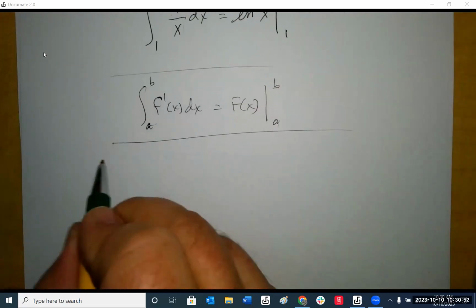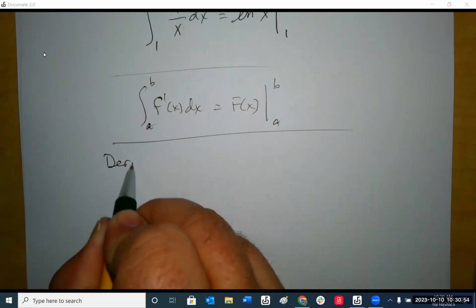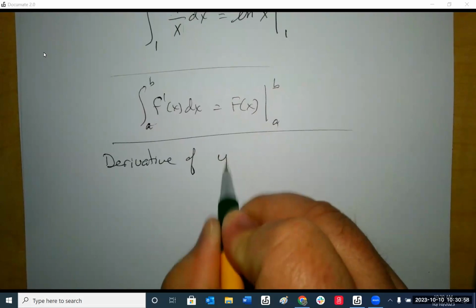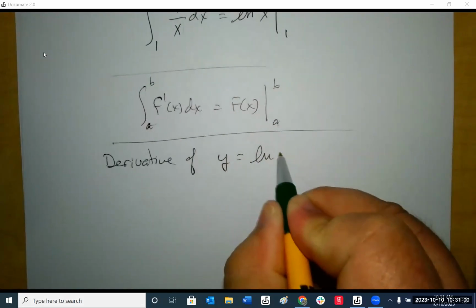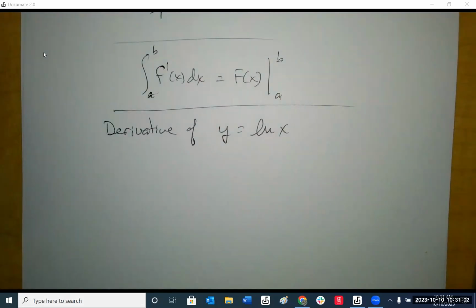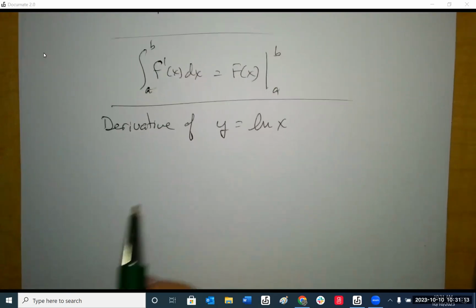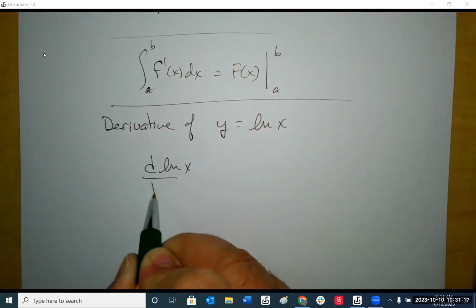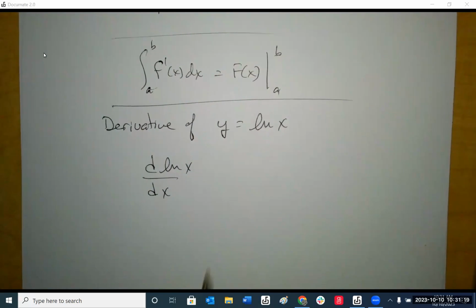So let's look at the derivative of y equals ln x. So the derivative of ln x dx.